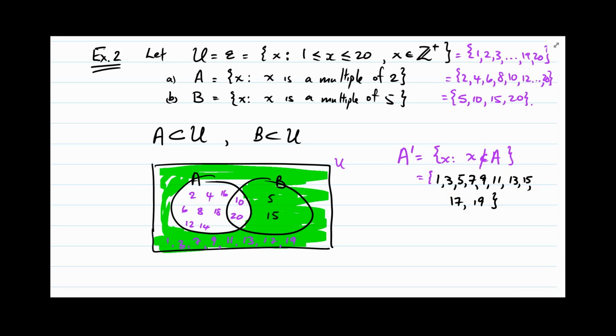And we understand that even this complement of A is a subset of the universal set. We can even see this portion, the set with 5 and 15, which we'll name shortly, is a subset of the complement. All right.